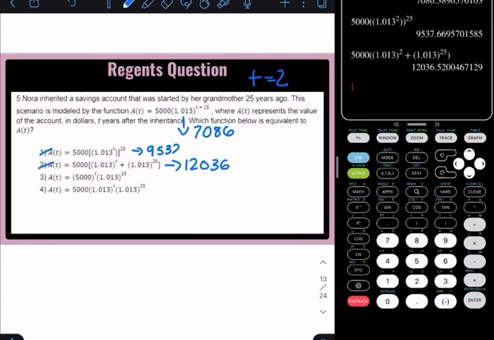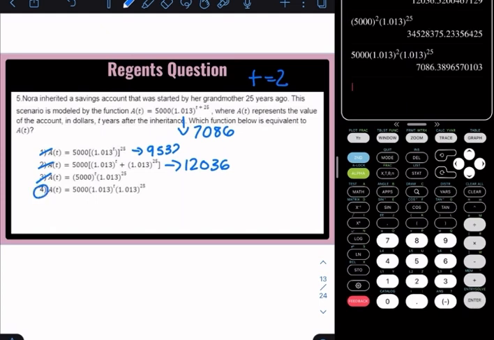Let's look at number 3. We have 5,000 raised to the t power, which t is 2, then parentheses 1.013 raised to the 25th power. That's not going to be my answer choice. And number 4, 5,000 parentheses 1.013 raised to the t power, which is 2, parentheses 1.013 raised to the 25th power, which that is our answer choice.